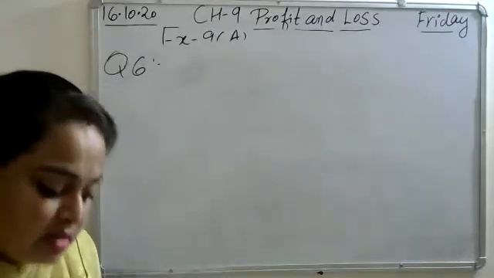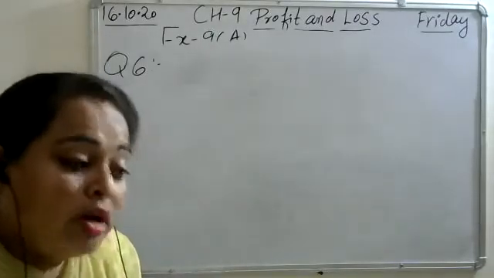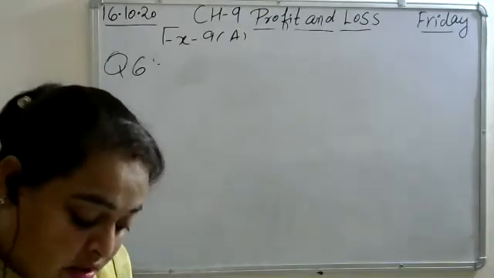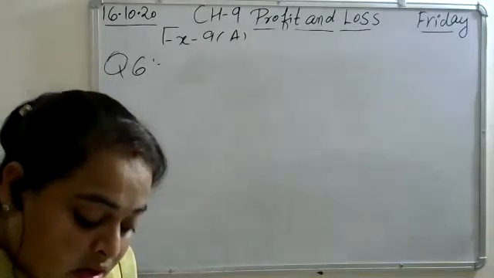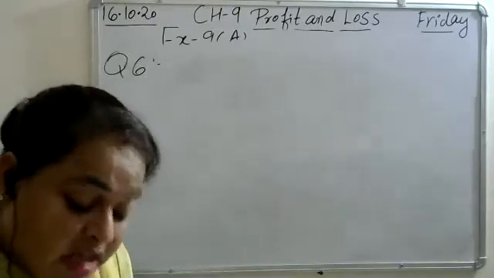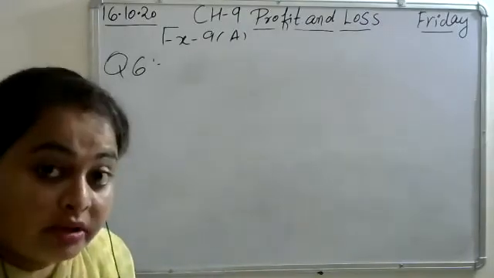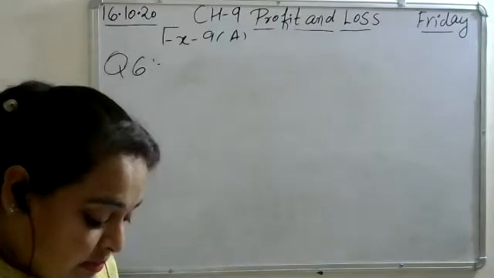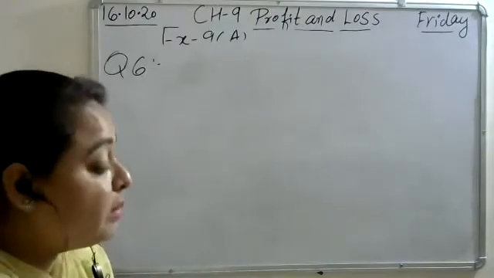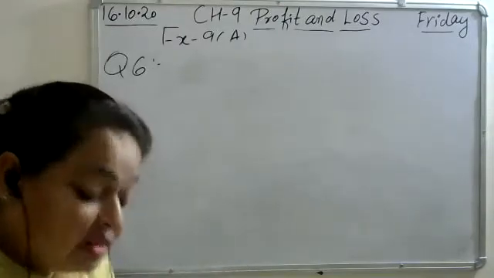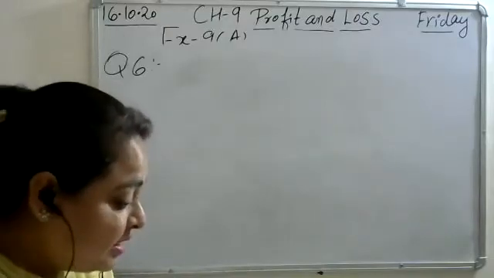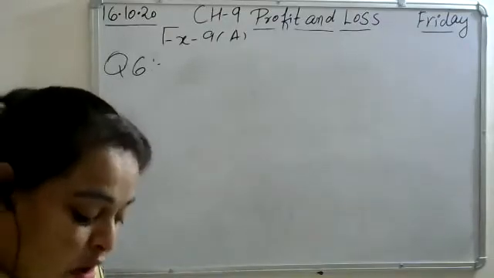The sixth question is: Abraham bought a music system for 6,375. Bought. Now tell me what is this? Abraham bought a music system. Bought means this is cost price or selling price? Very good, Smriti. Cost price.